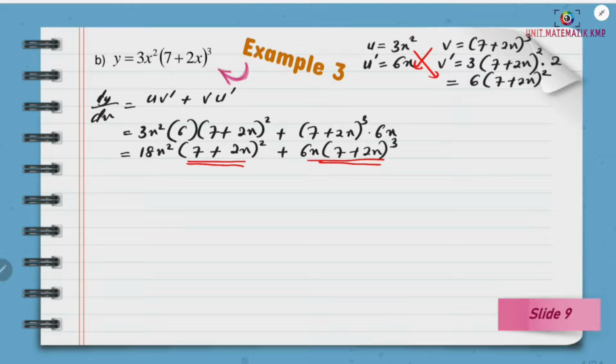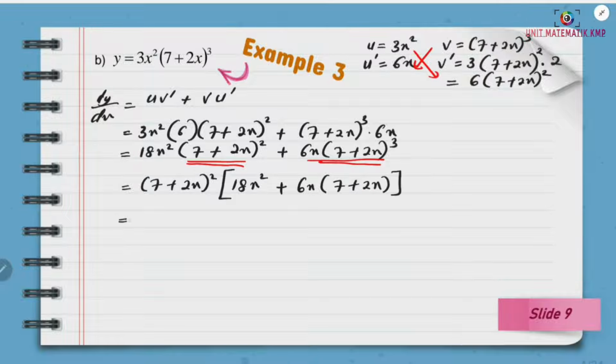Now we try to factorize (7 + 2x)². (7 + 2x)², and the first term is 18x² and the second term is 6x times (7 + 2x). And we try to simplify in the square bracket.